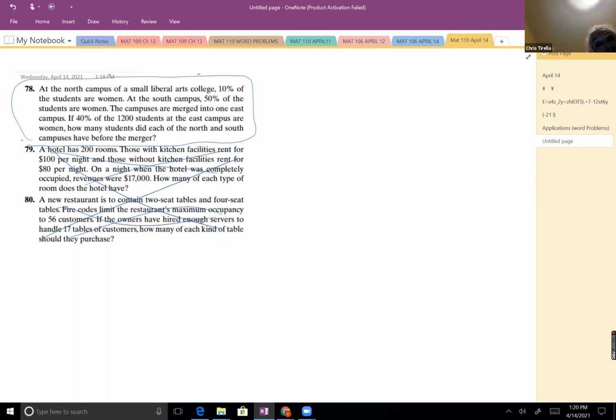Well, we're looking for 2 things. If we let n equal the number at the North Campus, and s equal the number at the South Campus, we know when they merge, there's 1,200 students.